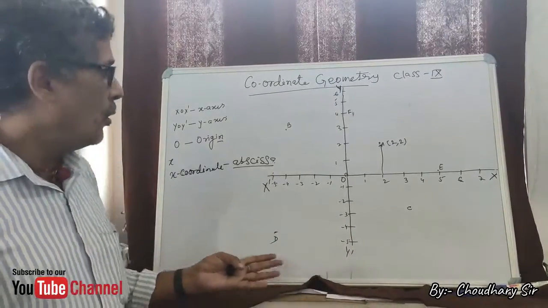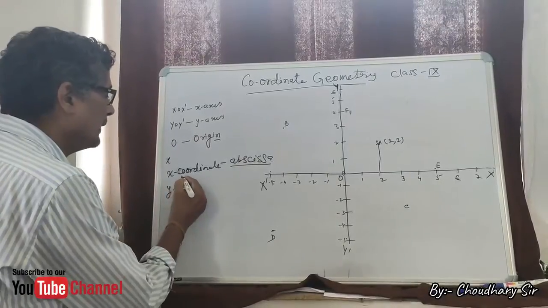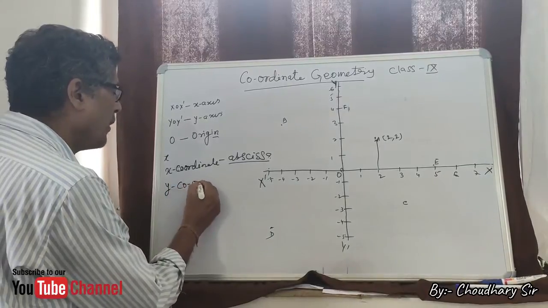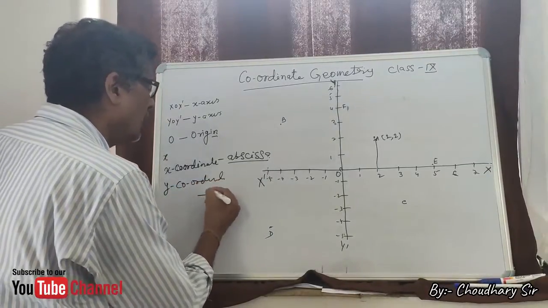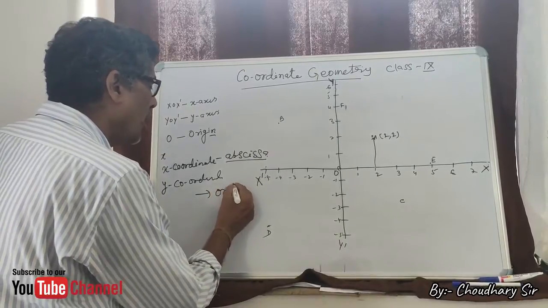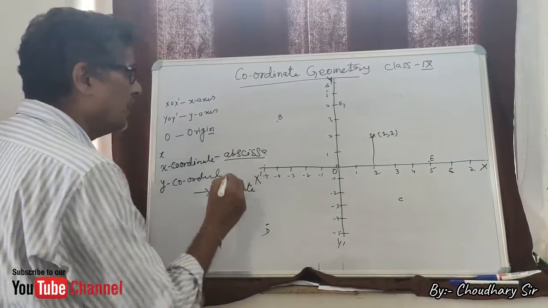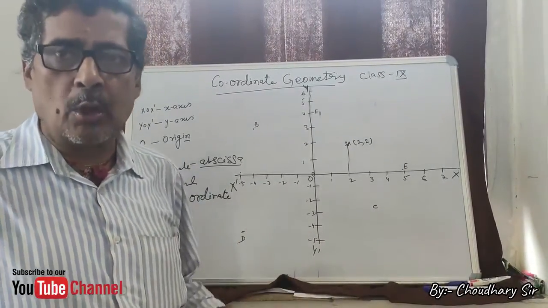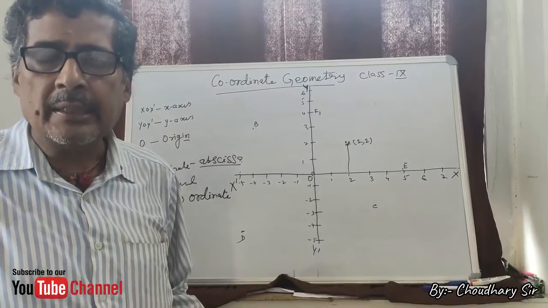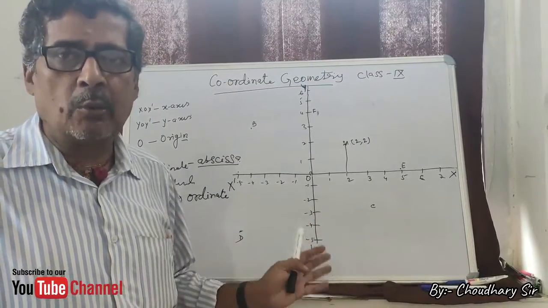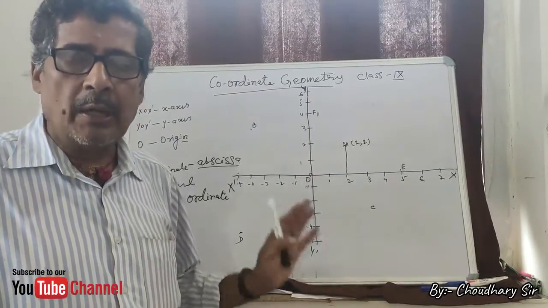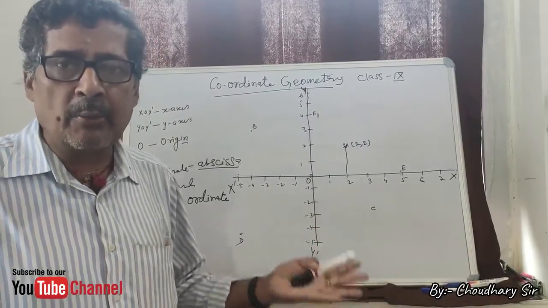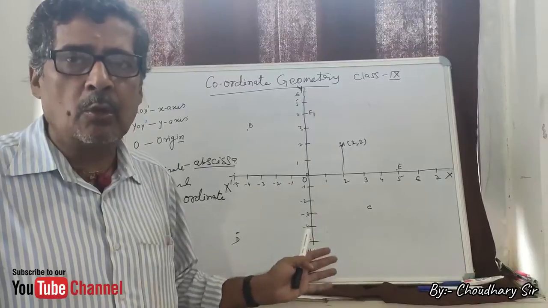That is the y-coordinate, the distance of a point along the y-axis from the origin. So the abscissa is the x-coordinate of the point, and the ordinate is the y-coordinate of the point.